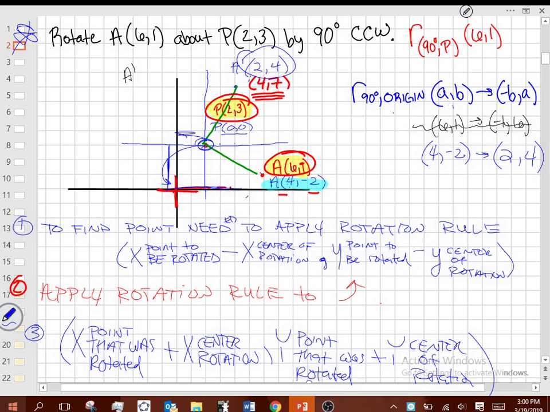So let's see how we can mimic this process. I'll try to keep the rule there so we can see it as we go through this problem.